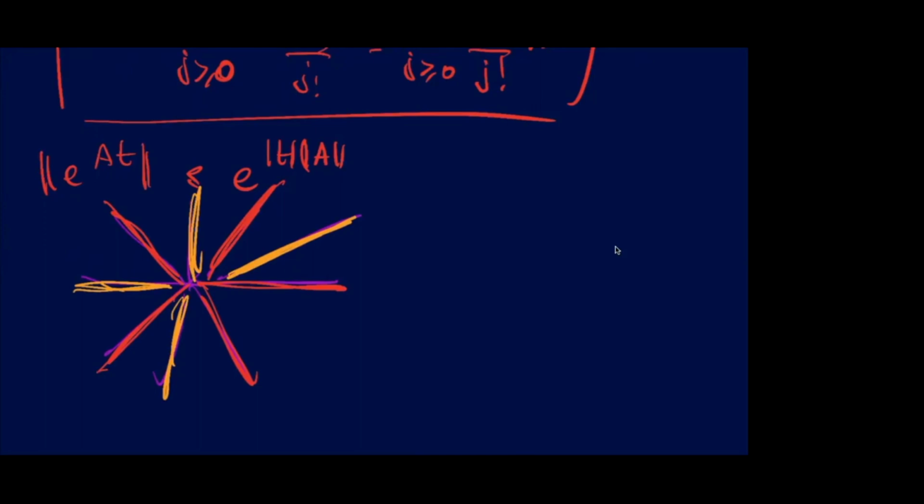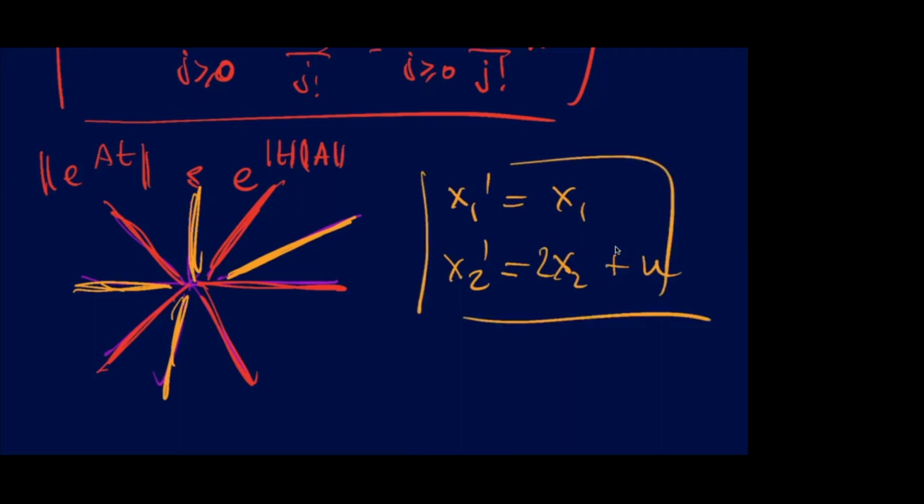Just playing with this, it is basically the same system I wrote the other day, where you have this and then this, right? And then I said, well, of course, X2 is controllable because U is acting on X2, but X1 is non-controllable.